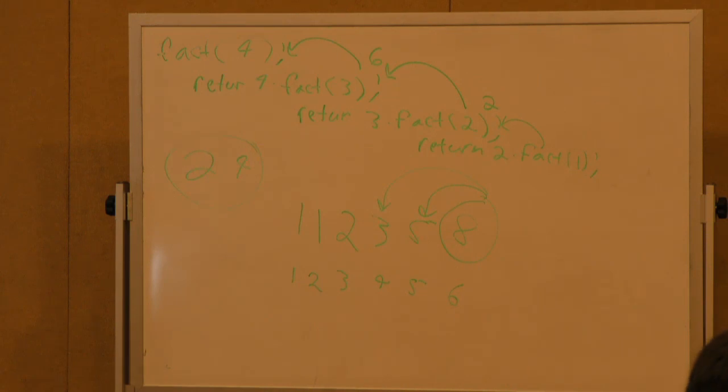Very similarly to this factorial, it will add these numbers up and eventually give you the correct Fibonacci number. I will show you guys the code for Fibonacci after we get through more of this content.